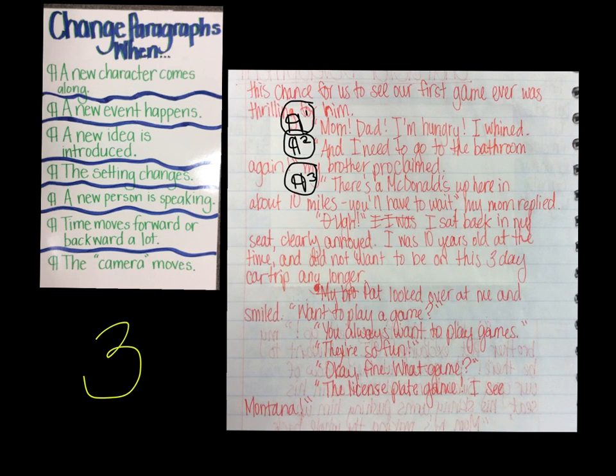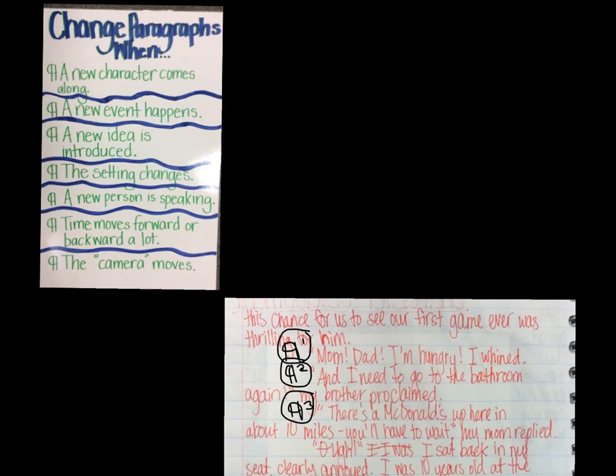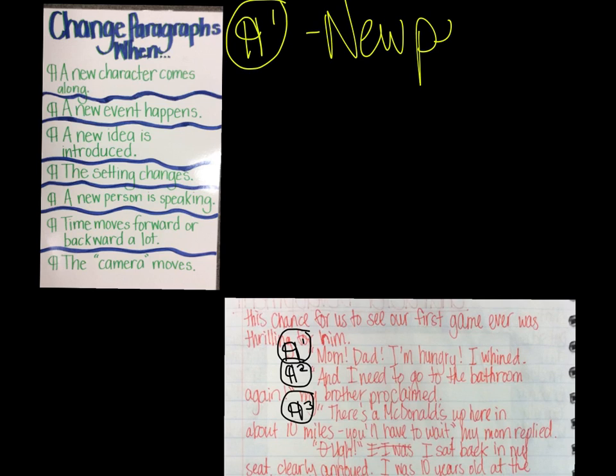So what you're going to do then is on your next fresh sheet of paper, you would write, let me move this down out of our way. You would write then paragraph 1 with a circle around it and then a dash, and you would say new person speaking.